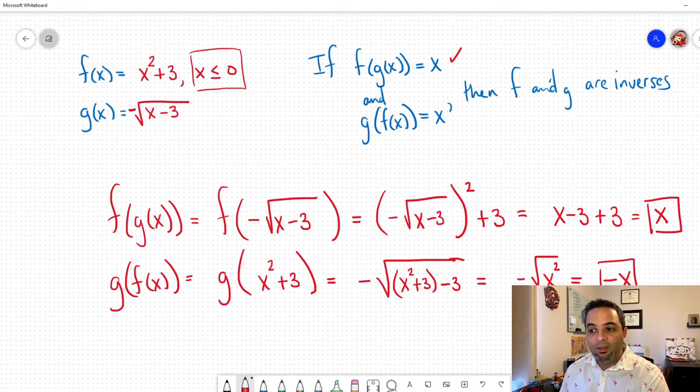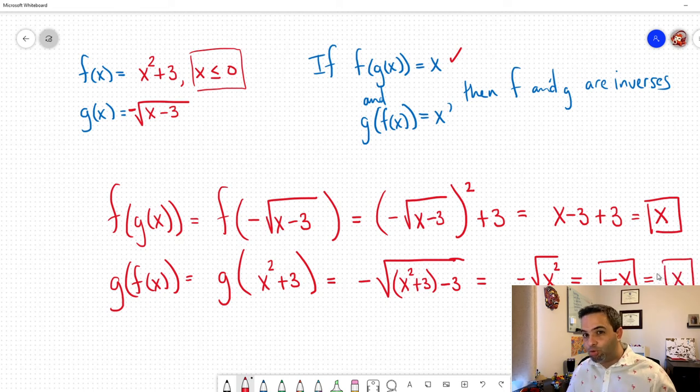Oh, x isn't just any number, it's a negative number. So yeah, I ended up with what I started with. So remember, x is a negative number. So even though it said this, you can think of this as saying, oh, x was negative. So what happens? Minus a negative, that makes it a positive.